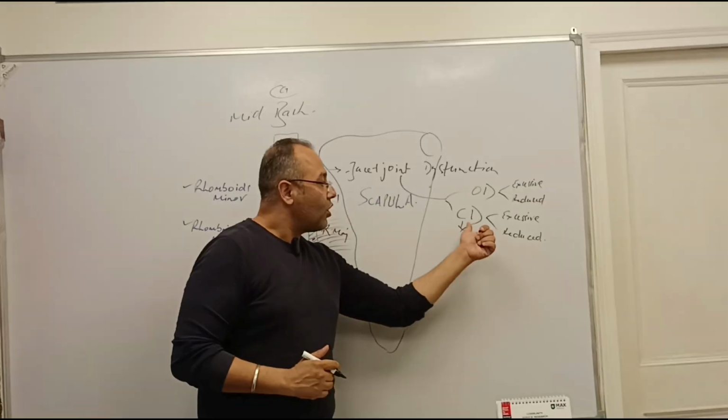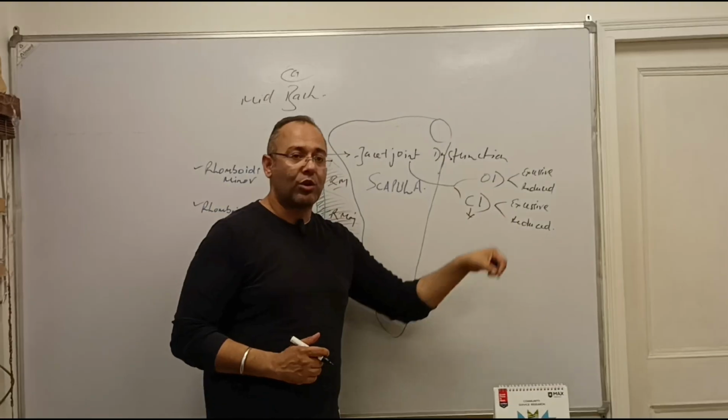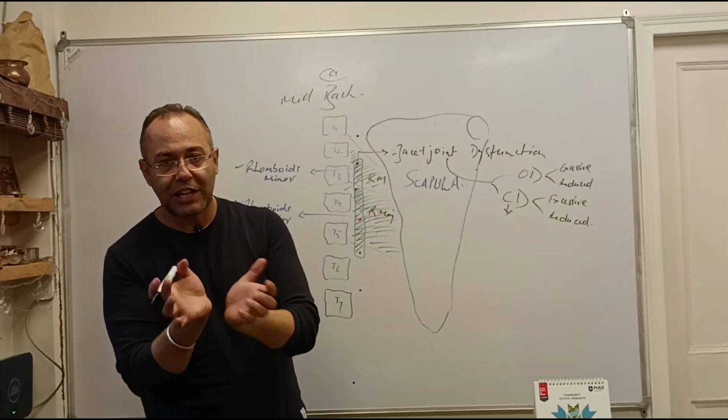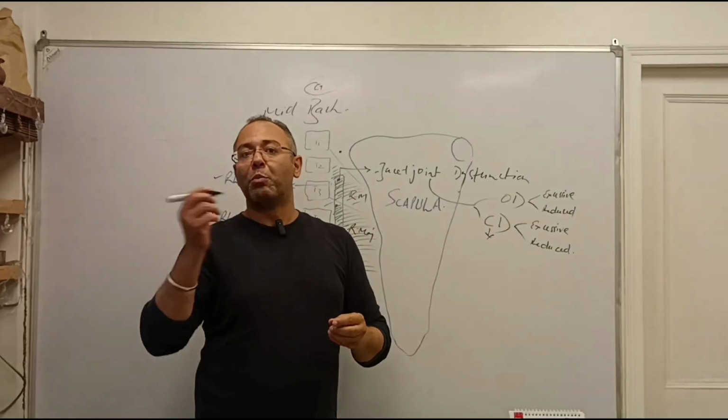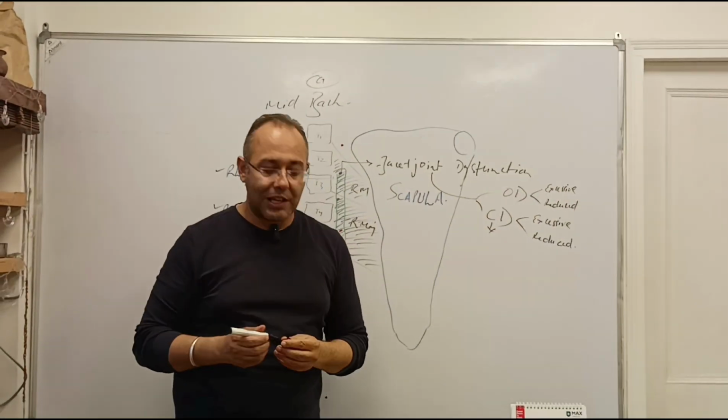So how do we correct that closing dysfunction? One is by a manual technique. I have to fix the joint so that the joint closes properly and opens properly within its potential limits.